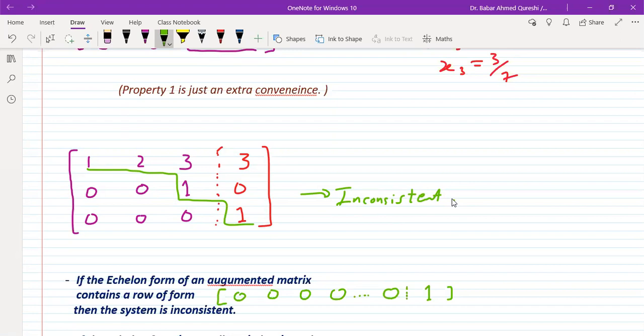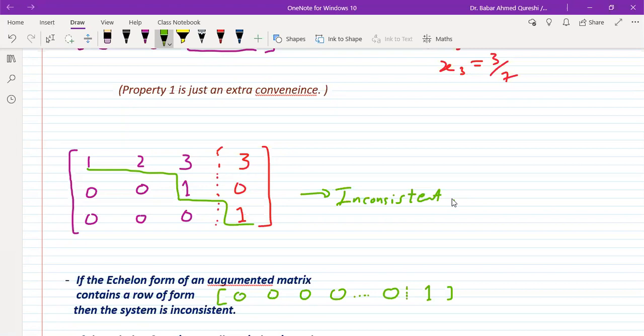And when you make it echelon, because the maximum number of zeros come below, if you have a completely zero row in the coefficient matrix, and on the other side you have a non-zero number, then you have an inconsistency. If the other side is also 0, then that's okay. That just means that you don't have enough information to fix a particular solution, but the system is consistent.